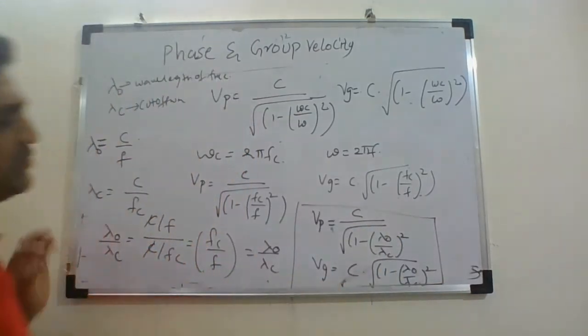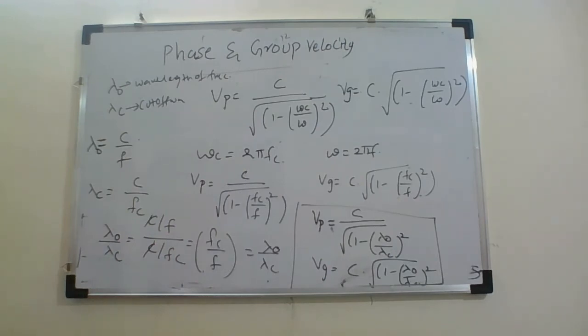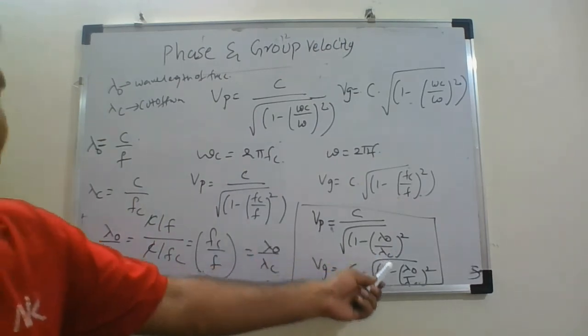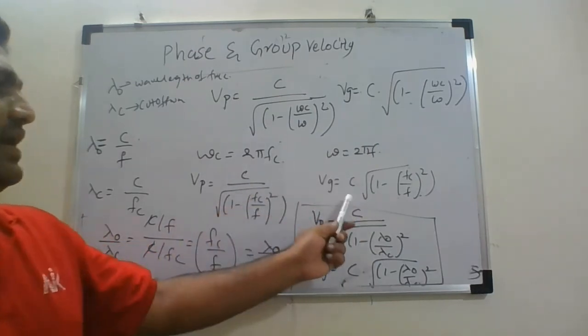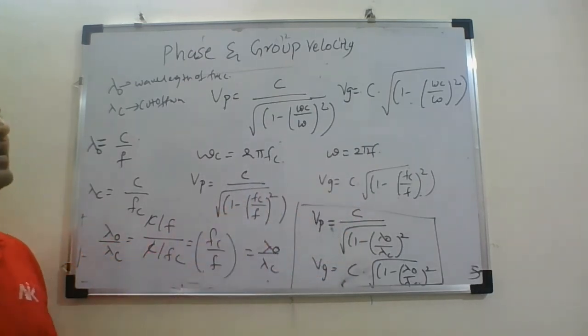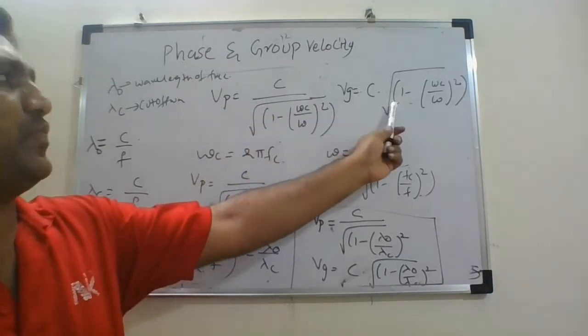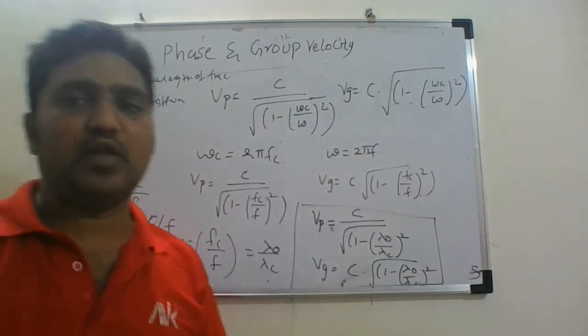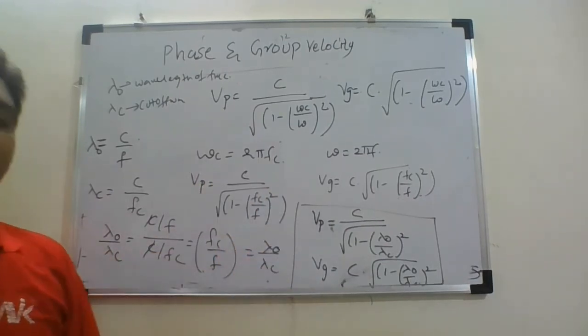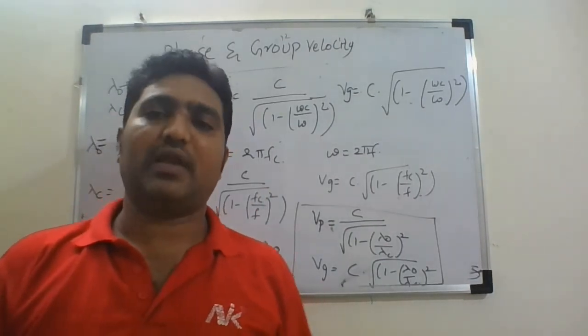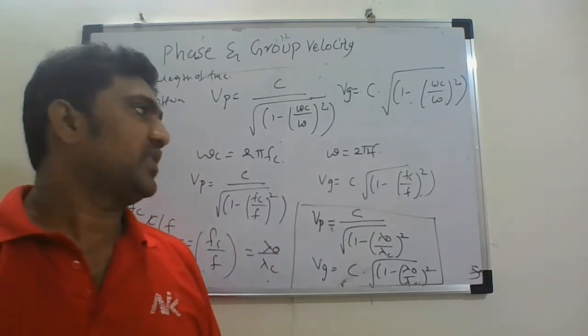This is the expression for phase and group velocities in terms of wavelengths. This is the expression in terms of frequencies, and these are the expressions in terms of angular frequencies. All three we can use based on our requirement. Clear with this?